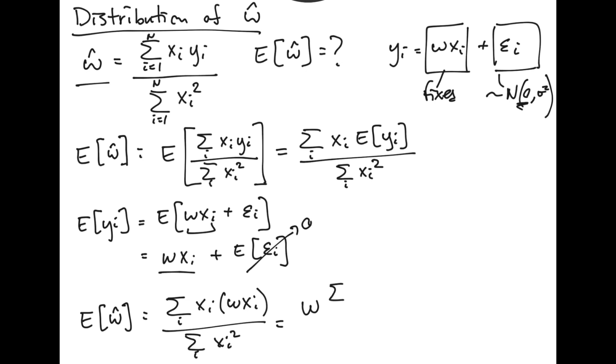On the top we have the sum over i of x sub i squared, and on the bottom we still have the sum over i of x sub i squared. These are the same, so they cancel out. So it's just w, and this makes perfect sense. The expected value of w hat is w, and because of this, we can say our estimate w hat is unbiased.